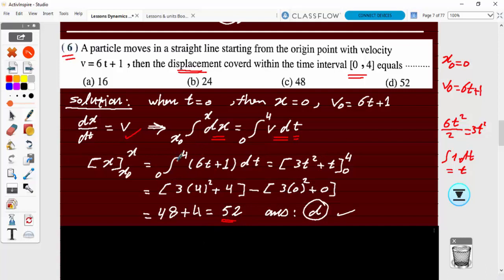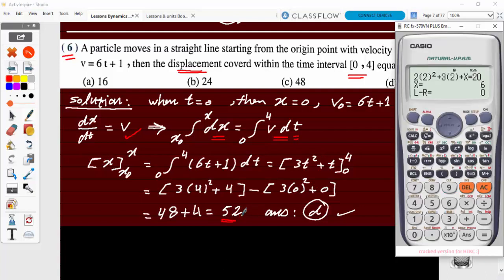Of course, in this question, you can use the calculator to find the value of this integration. Okay, here we will choose this integration, and we write the function we have: 6x plus 1, from 0 to 4, equals 52.